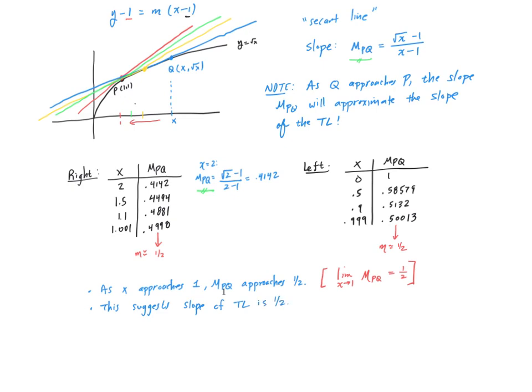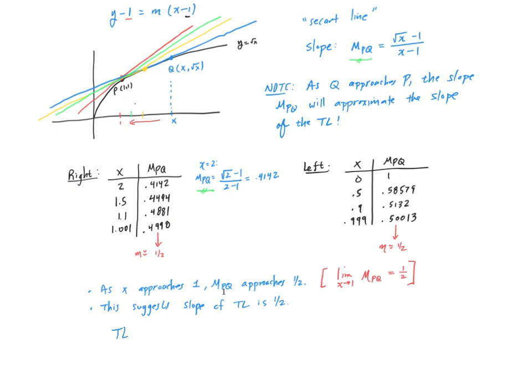And note, to say that this suggests the slope of the tangent line is 1/2 is to indicate that we don't know this is true with 100% certainty. We haven't conclusively proven that this is true, but we've collected enough anecdotal evidence for now to suggest it is the case. Later on this semester, we'll have maybe a more rigorous method that we can use.